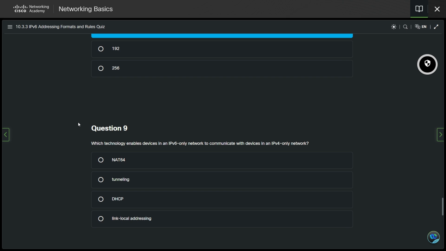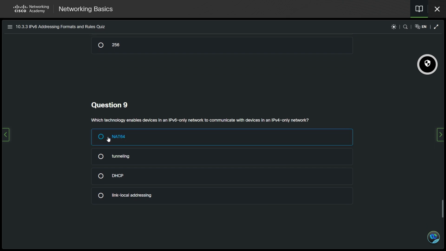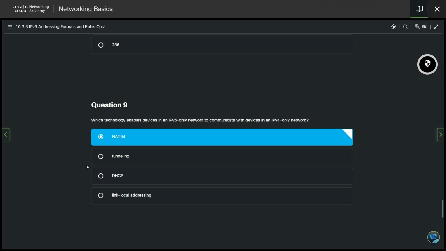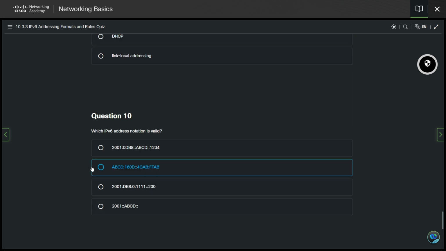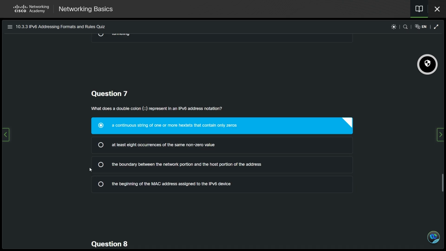Question 9. Which technology enables devices in an IPv6-only network to communicate with devices in an IPv4-only network? NAT64. Tunneling? I don't know.